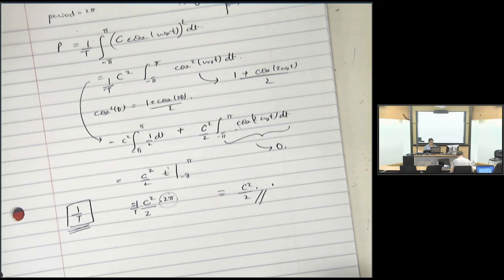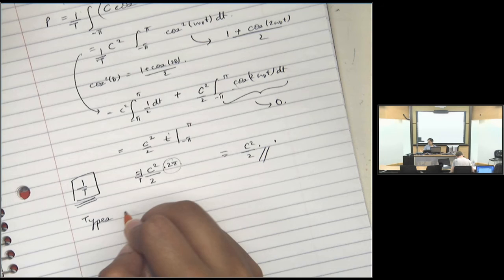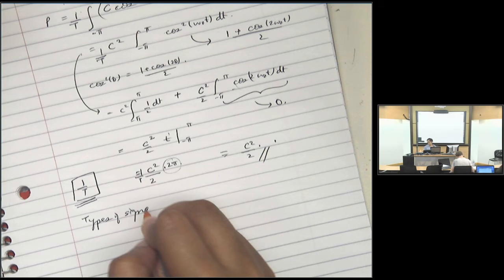So going over the signals that we have in general. In general, we get confused with analog, continuous, digital, discrete. Okay? So let's go over those types.